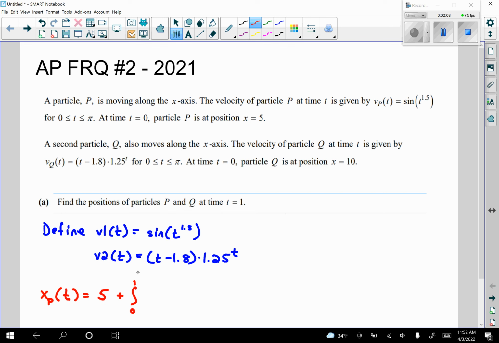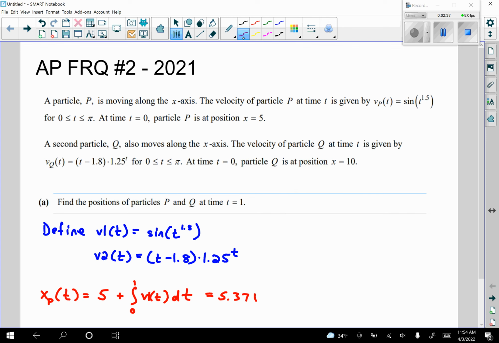So we have to go from 0 to 1 of, we'll say v1 of t, and you could do dt. And you could just pick the v sub 1 and then put in a t, and then after the d put a t. Just make sure you go from 0 to 1. You can type all that in on your calculator. And then that should give you about a 5.371 when we round to 3 decimal places.